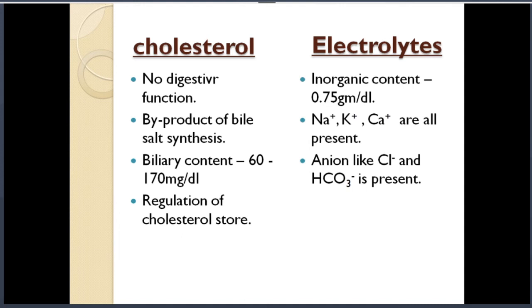Electrolytes contain all cations, sodium, potassium, and calcium, and anions like chloride and bicarbonate. The concentration of all these cations, sodium, potassium, and calcium, is higher than that in the plasma.